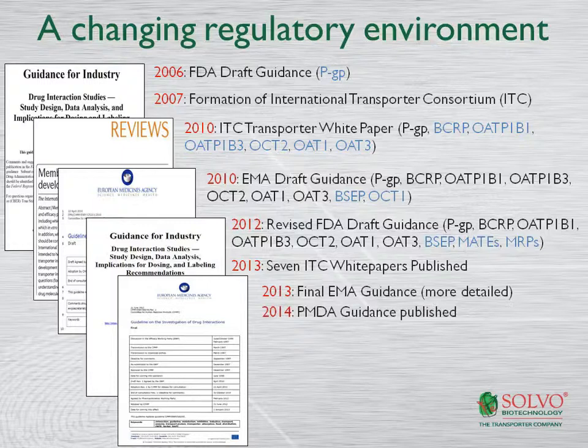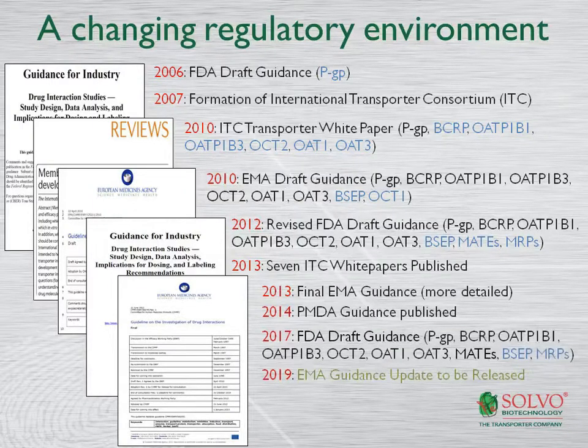Also, the Japanese guidance was published in 2014, which is something between the EMA guidance and the FDA guidance. I don't want to go into this in so much detail. And now the most recent one is the draft guidance published by the FDA in October 2017.